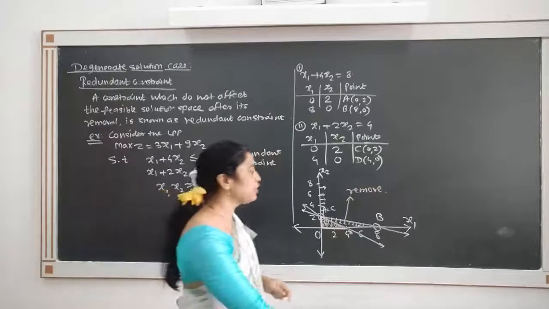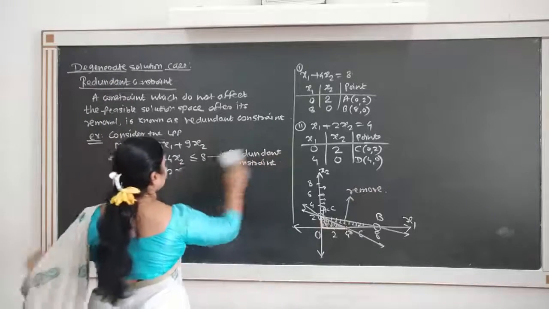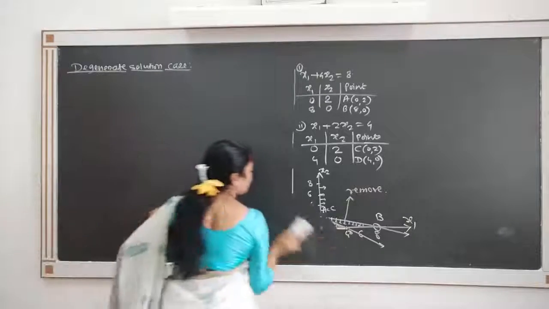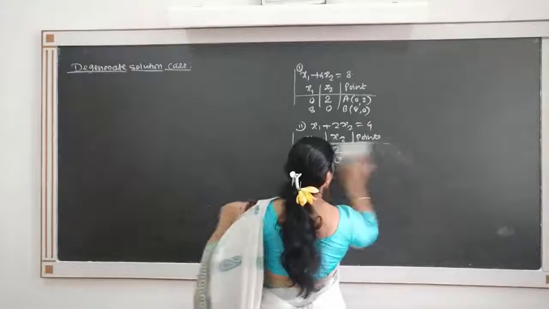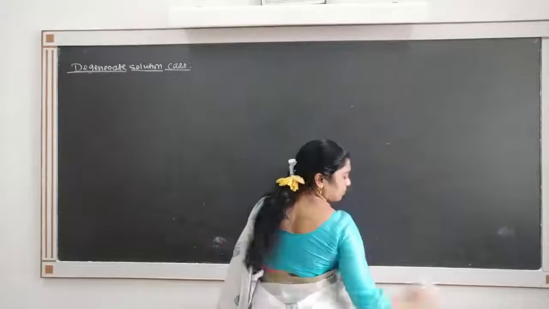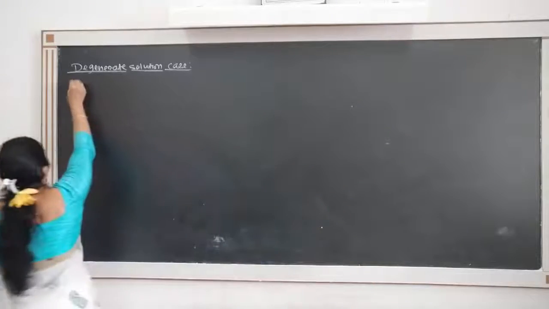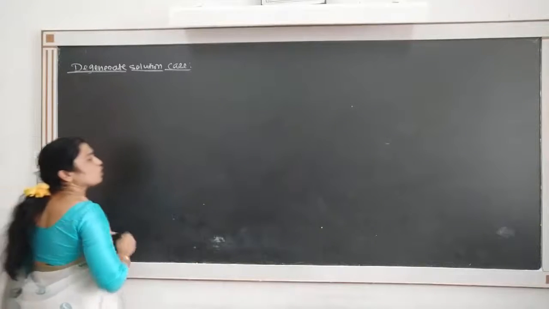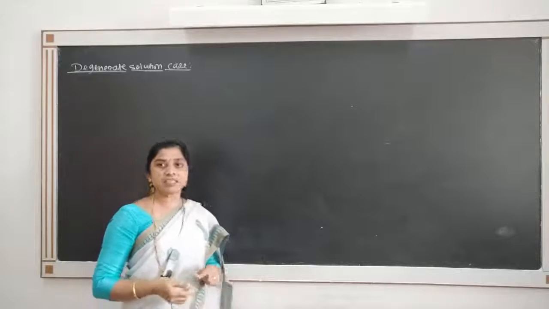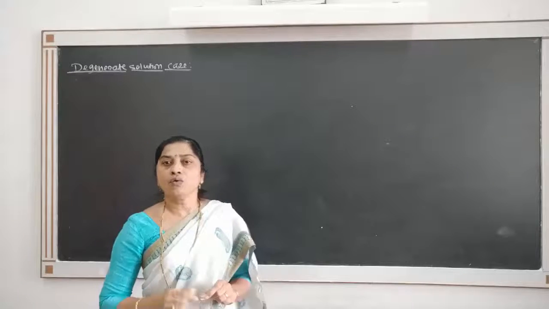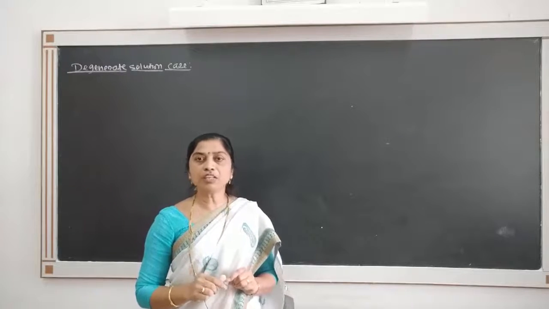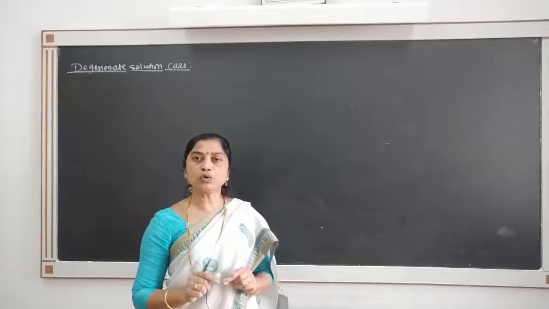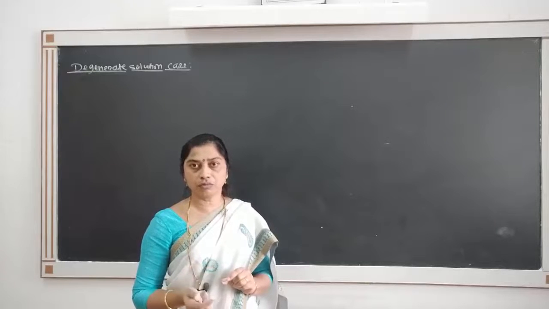What is meant by degenerate solution? While solving any LPP by simplex method, what do we do? We find the pivot column and pivot row. Pivot row is nothing but the leaving variable row.